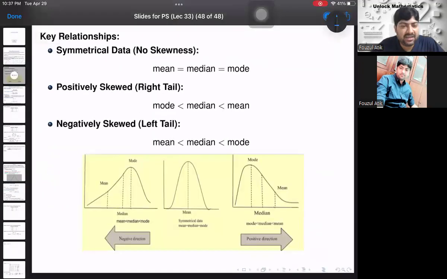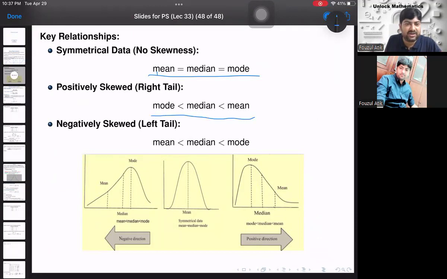So mathematically, using a formula, how can we understand whether it is negatively skewed, has no skewness, or is positively skewed? If the data are symmetrical, then mean, median and mode are all equal. And if it is positively skewed, then mode is less than median, which is less than mean.